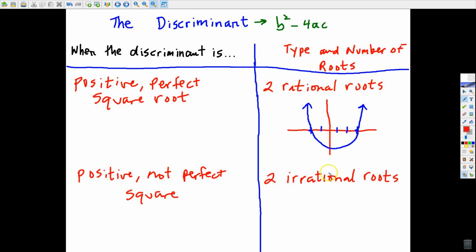And what that means, interpreting our graph, we're still going to cross the x-axis in two different places, but those two places might be someplace like -1 2/3, and I'm just going to throw out some random numbers, 2 7/8. Still two x-intercepts, but they're not nice, clean integers. Or in other words, they will be some decimal form of x-intercept.